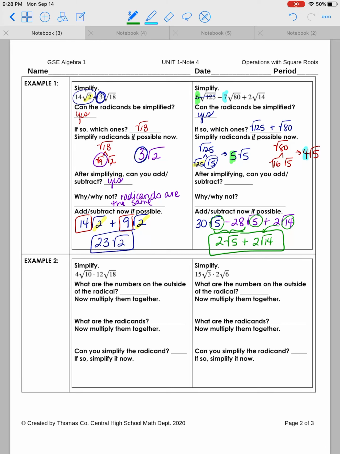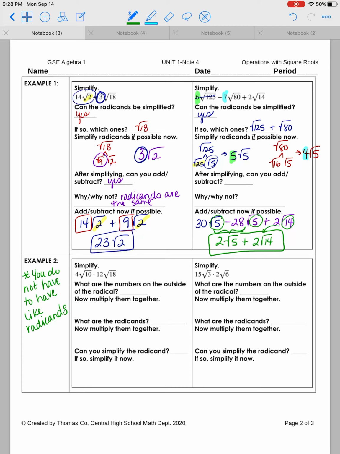example 2 is looking at multiplying these radicals together. So when I'm multiplying, remember, you do not have to have like radicands when we're multiplying.